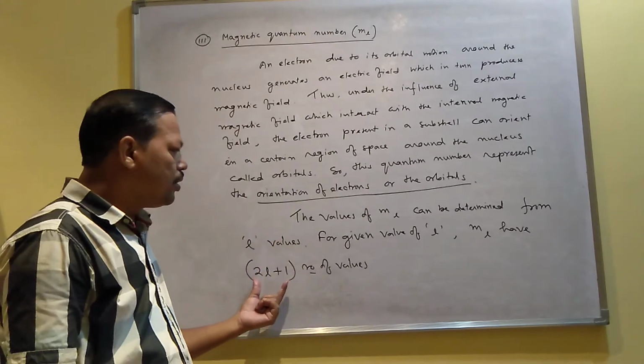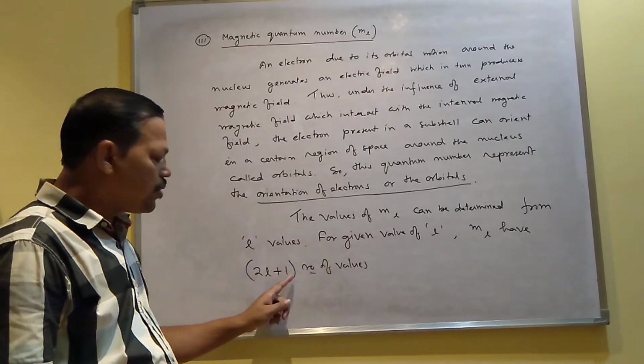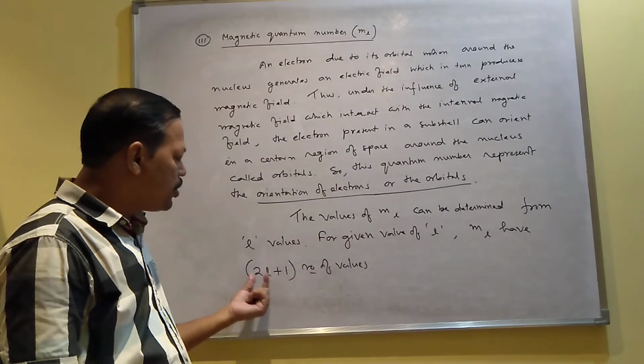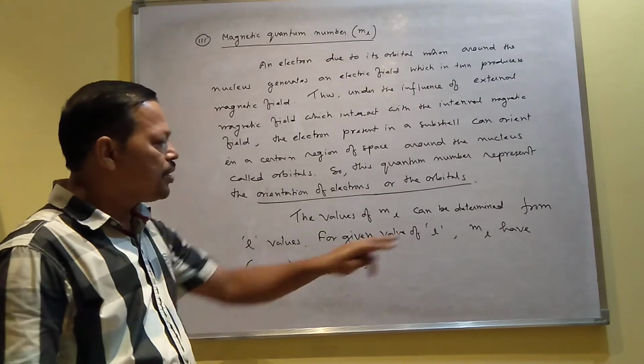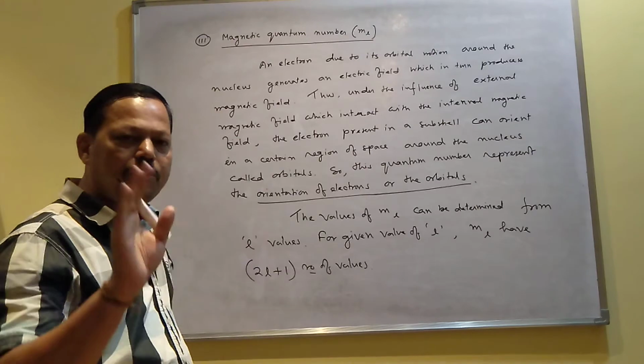If the L value is 0, then 2 times 0 plus 1, you will get 1. If the L value is 1, 2 times 1 plus 1, you will get 3 values.